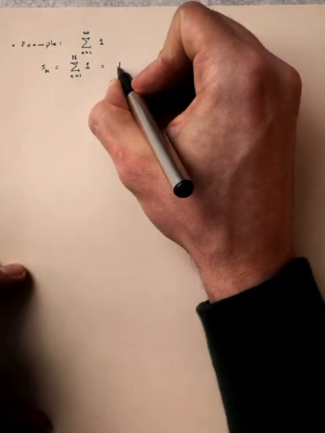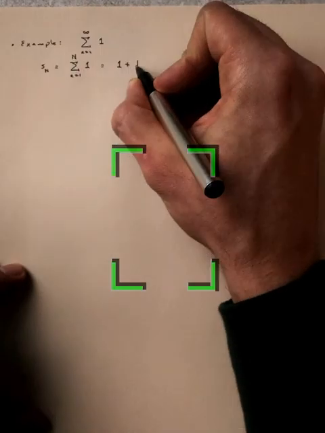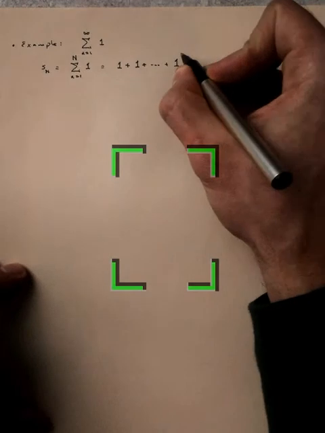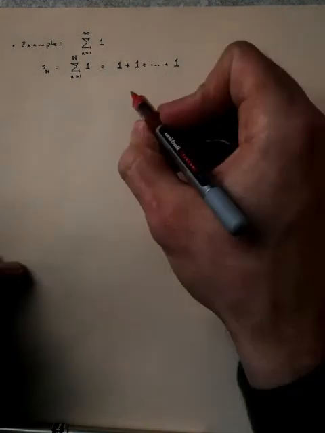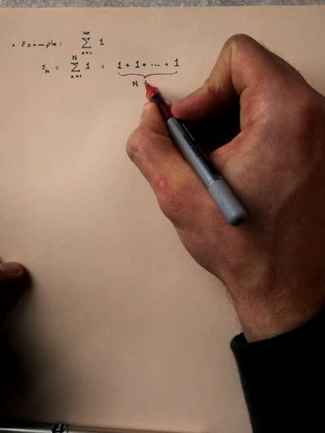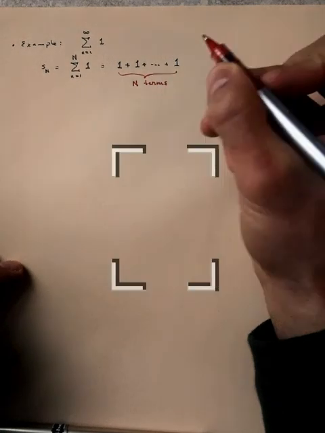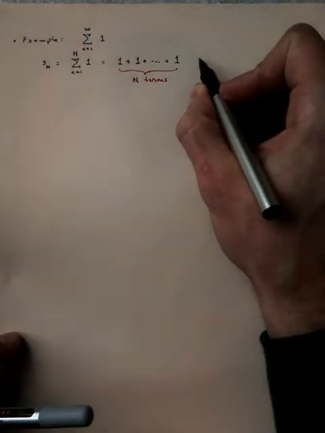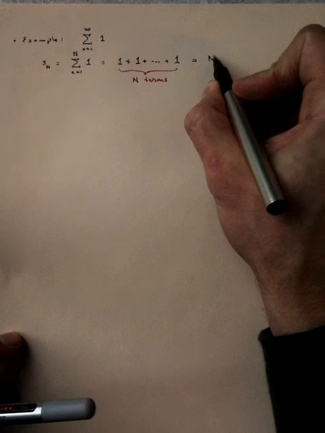So this is by definition 1 plus 1 plus 1. So I'm adding 1 to itself n times. So there are n terms in this sum. So this is just n.